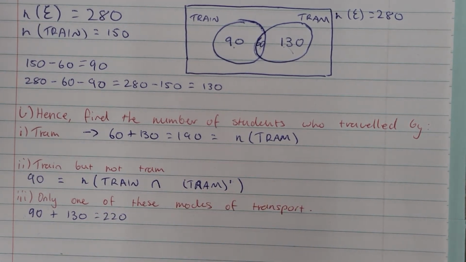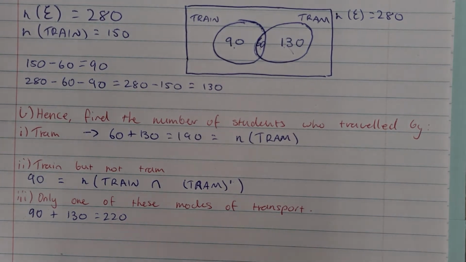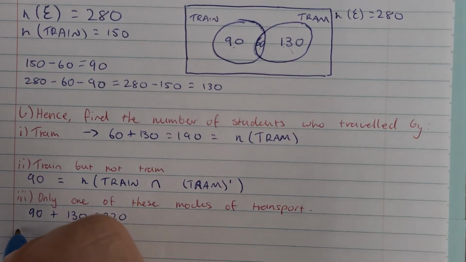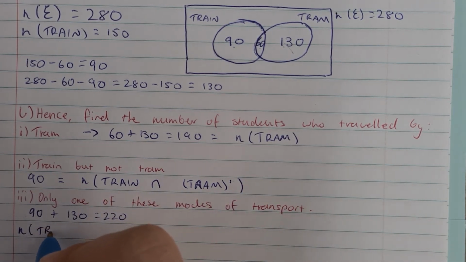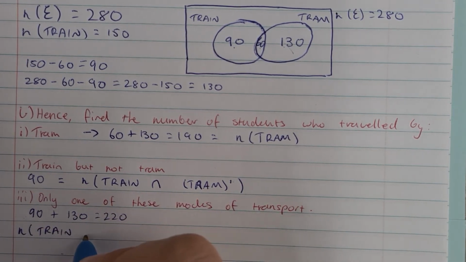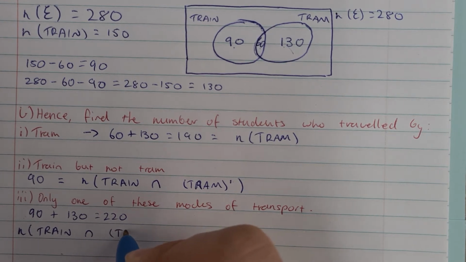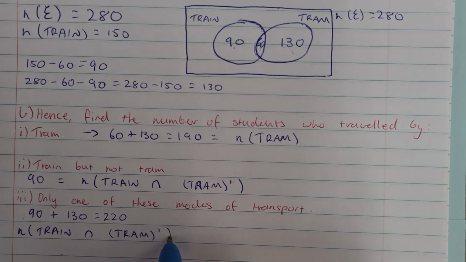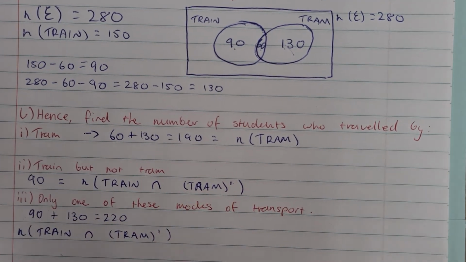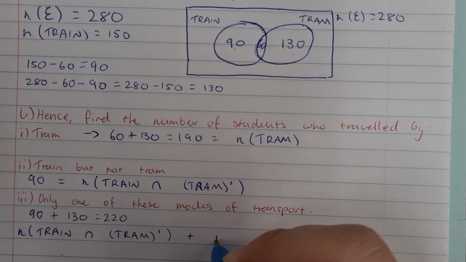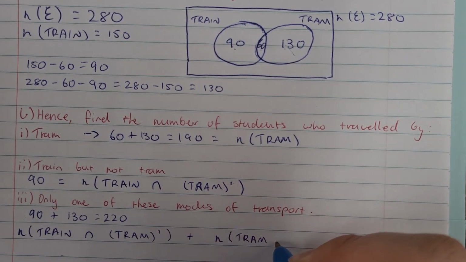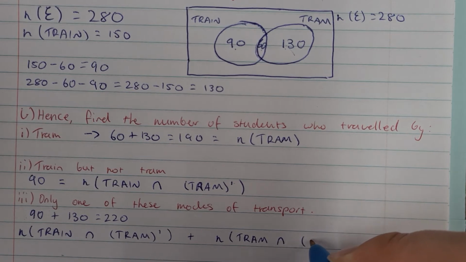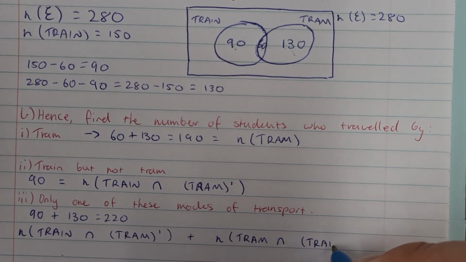Now, writing this in set notation is a little bit convoluted, but it's important to know what it looks like. So we've got, similar to what we've got up here, the number of the people who travelled by train intersection with the people who did not travel by tram. That's our 90. And we want to add that to the number of people who travelled by tram with the intersection who did not travel by train.